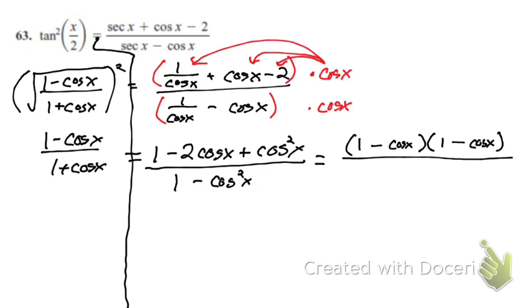Well, our denominator is a difference of squares. That is 1 squared minus cosine squared x. So this is really just 1 minus cosine x times 1 plus cosine x. Well, hey, those cancel out, and I'm left with what I had over here. So the only new stuff we did was this.